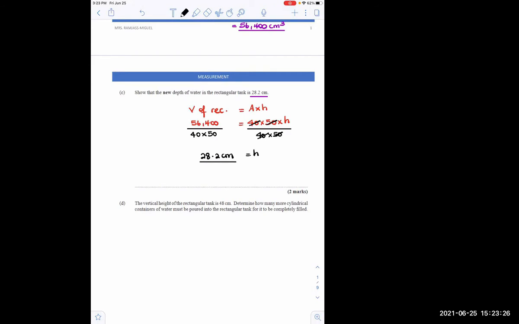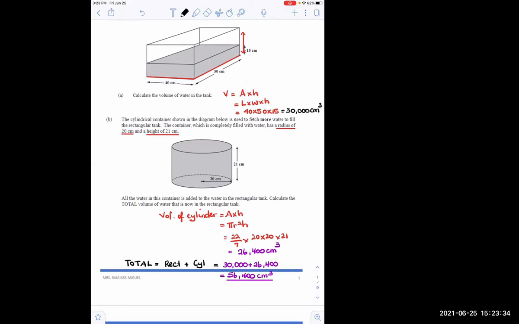Yes, miss. Very good. The vertical height of the rectangular tank is 48. Remember that I filled in the liquid, but the tank isn't completely filled.